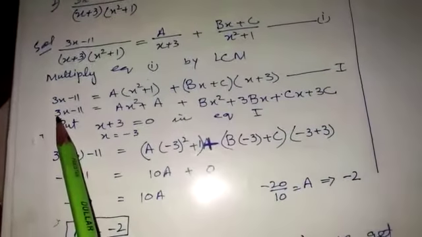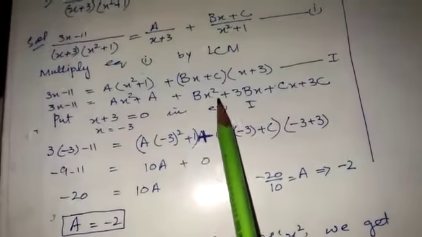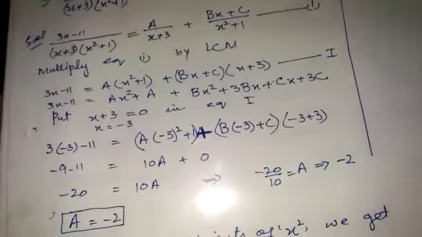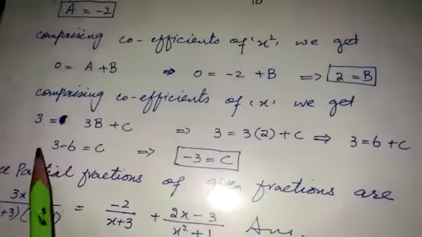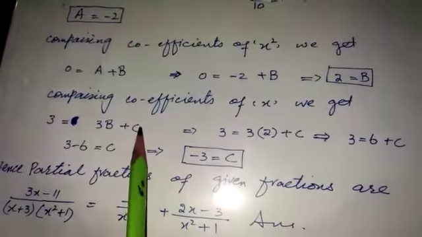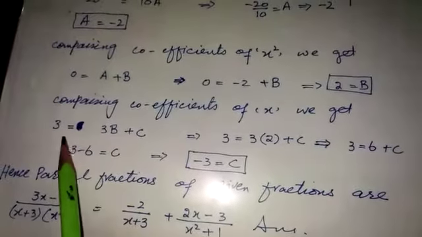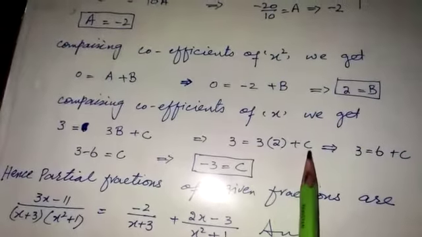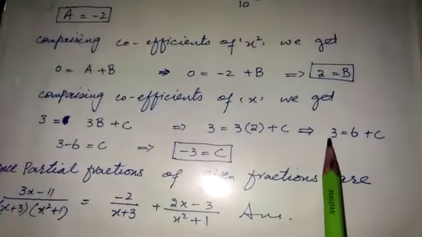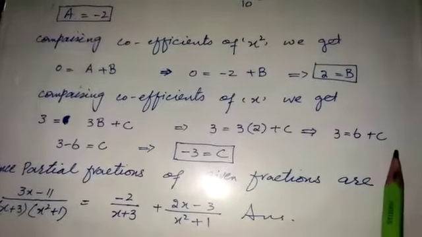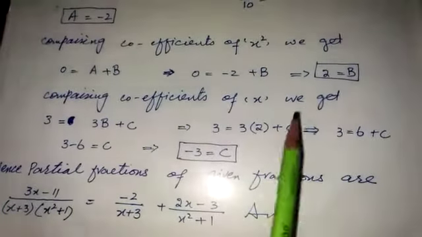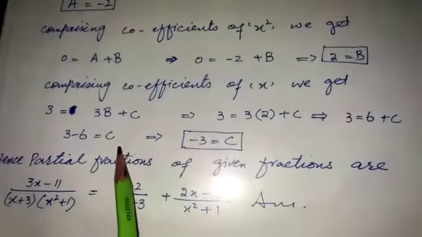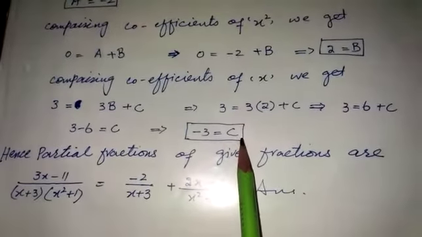The coefficient of x on the left is 3 and on the right it is 3B and C, so we write 3 equals 3B + C. Now we put the value of B here and we get 3 equals 3 times 2 plus C. Now 3 equals 6 + C. Shifting 6 to the left side, we get 3 − 6 equals C. So −3 is the value of C.